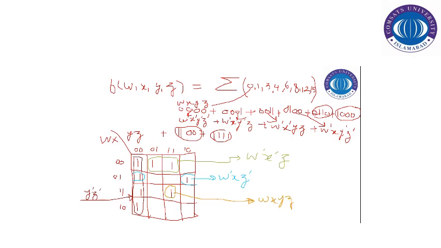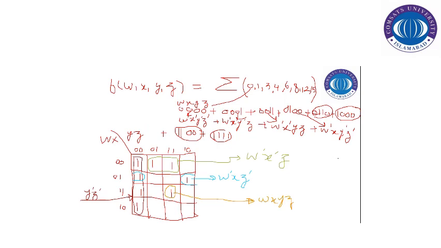Now let us implement that with the help of decoders. But before going to that, let us first draw the logic diagram of the simplified Boolean function.